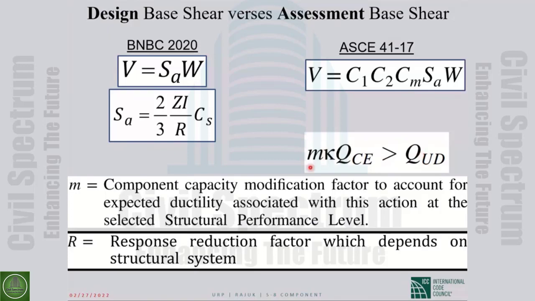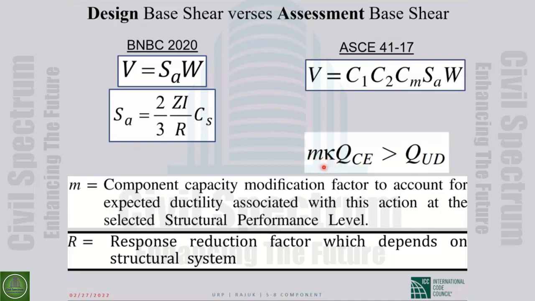But we accept it if the condition of that element gives us an M value that, when you multiply by the capacity, exceeds the demand. Itself it is less, but by this M value, an element-based value, not a system-based R value.